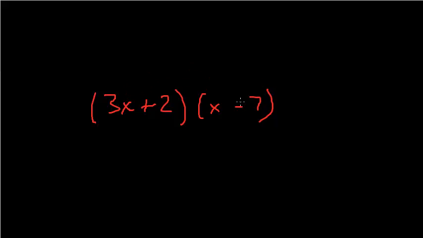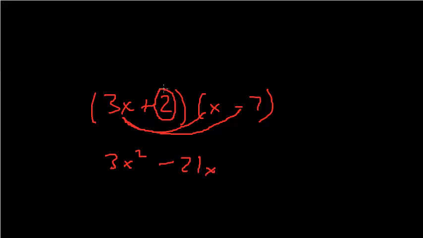Let's try another example. This time let's take 3x plus 2 times x minus 7. Again, here I take each term and multiply it by the others. So I have 3x times x, which gives me 3x squared. 3x times negative 7, which gives me a negative 21x.